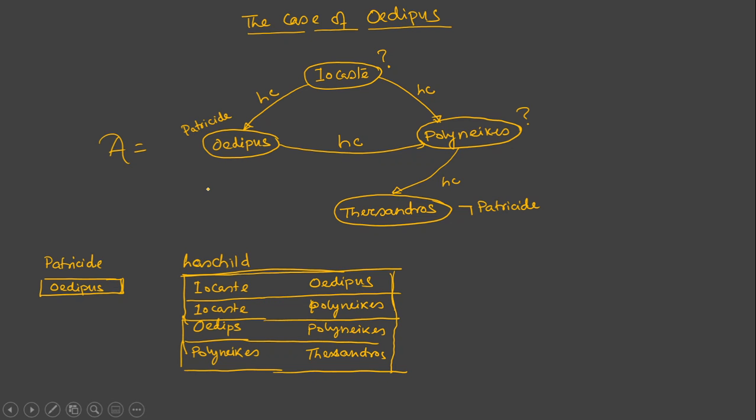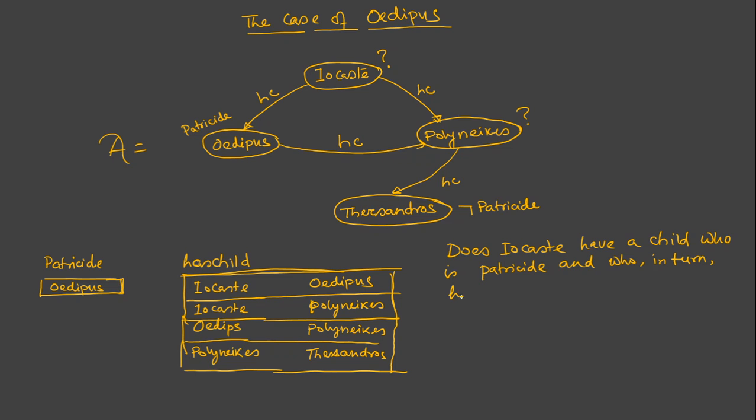and this is the relational database way to represent this A box. Right? Now the question that we want to ask is, does Iocasta have a child who is a patricide and who in turn has a child who is not a patricide?